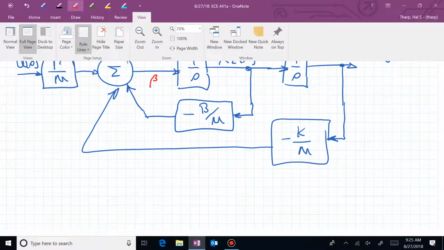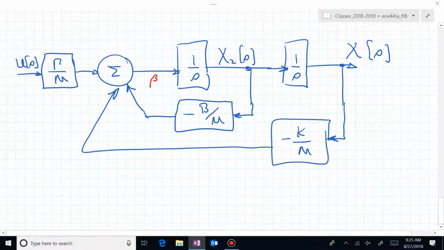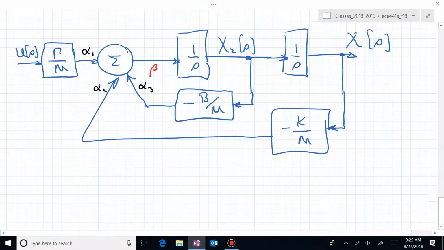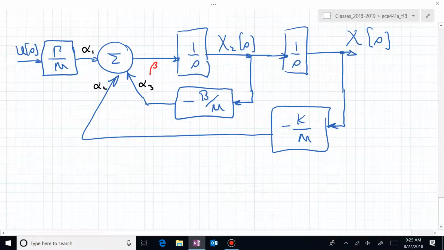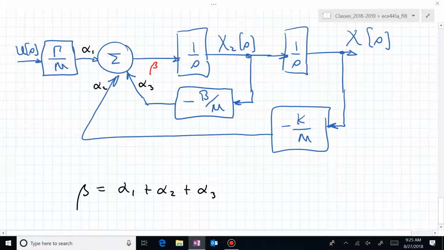Let me say that now I have beta is the output of that summing junction, and going into that I have a signal alpha 1, a signal alpha 2, and a signal alpha 3, so that at that summing junction the relationship is beta equals alpha 1 plus alpha 2 plus alpha 3. That shouldn't surprise you.